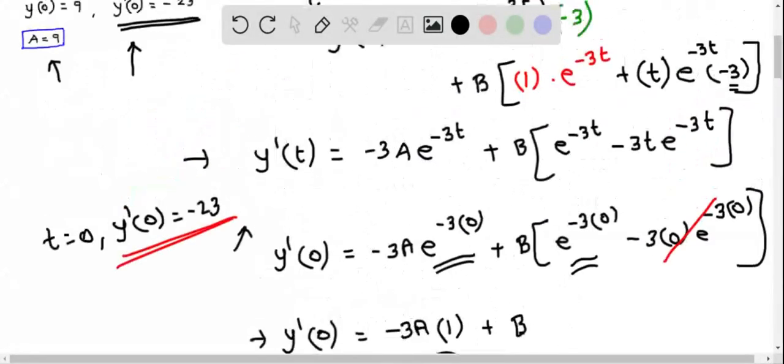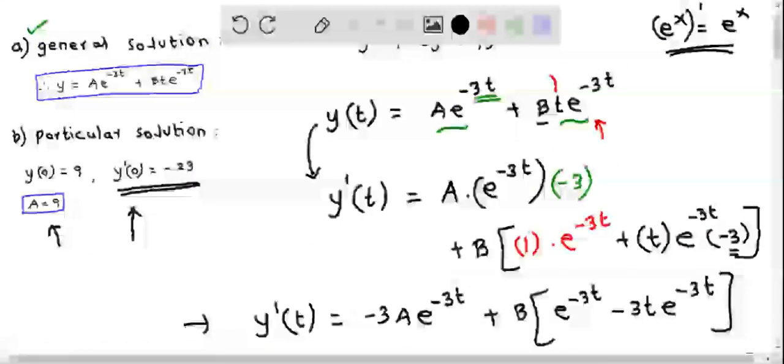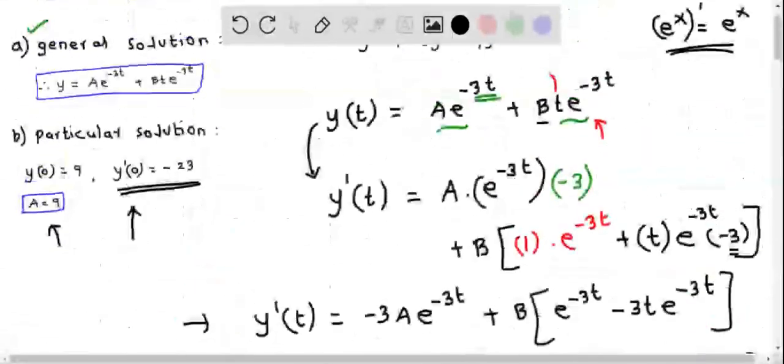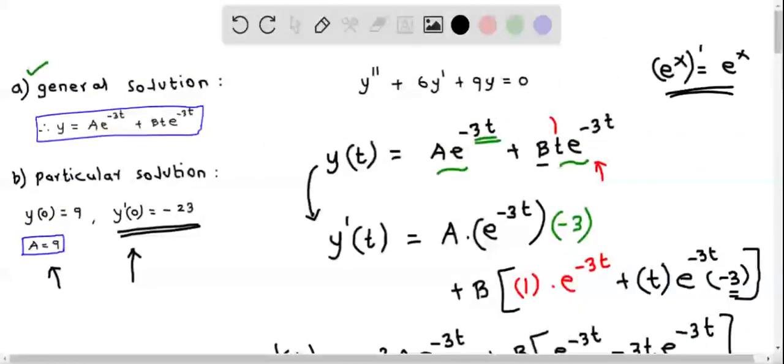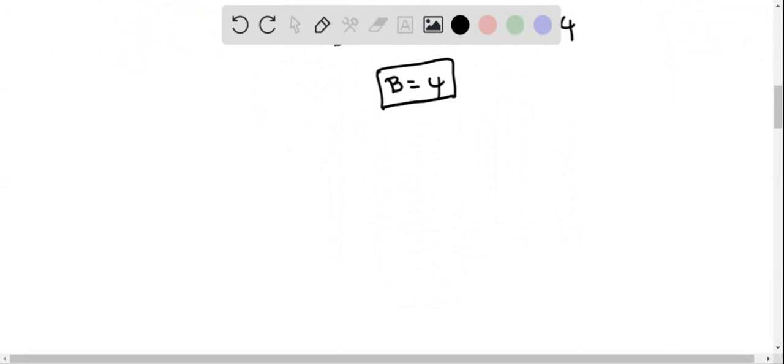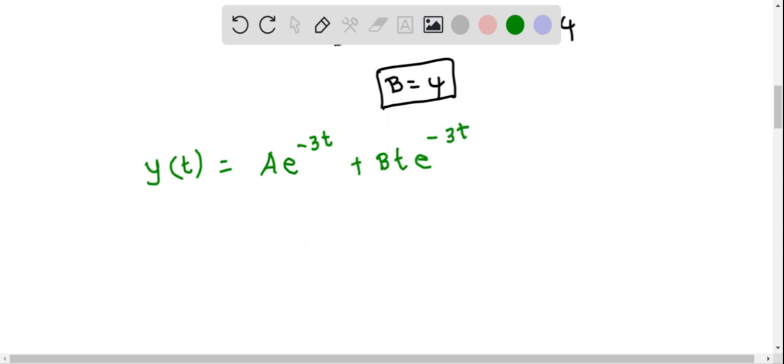So using those two values, we will have to substitute into the general solution so that we get the particular solution. So I'm going to copy the general solution and then substitute the values of a and b. So we have the general solution as y of t. This equals a times e raised to the power of negative 3t plus b t e raised to the power of negative 3t.